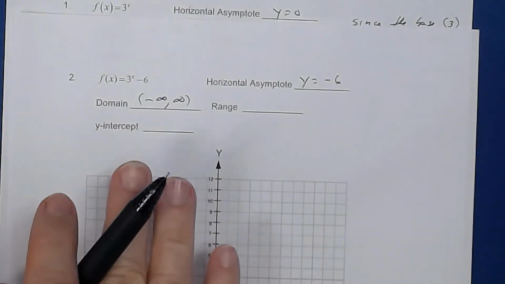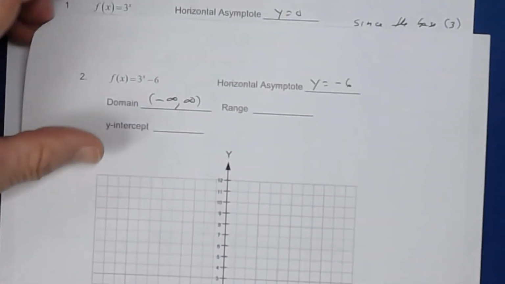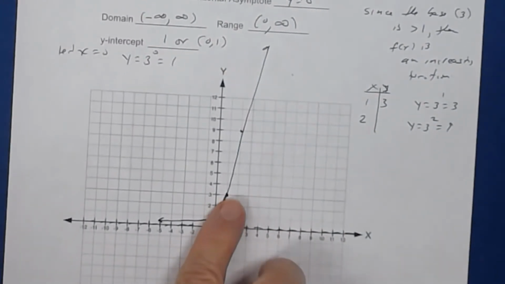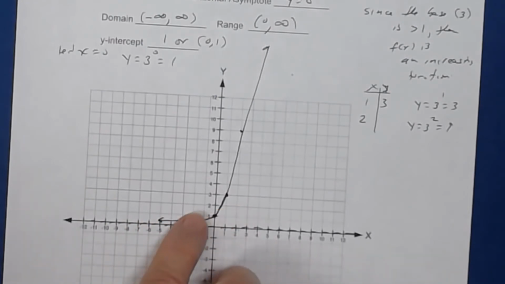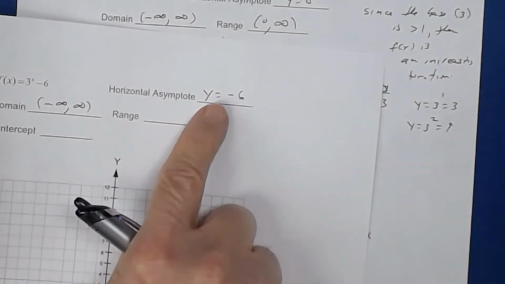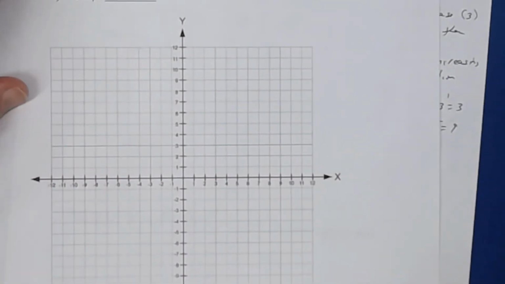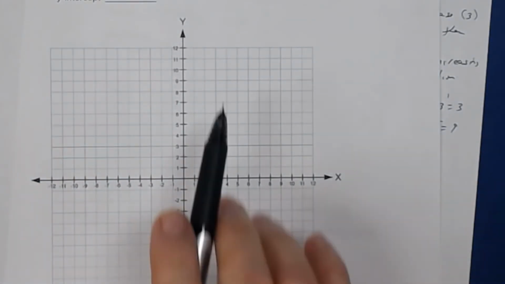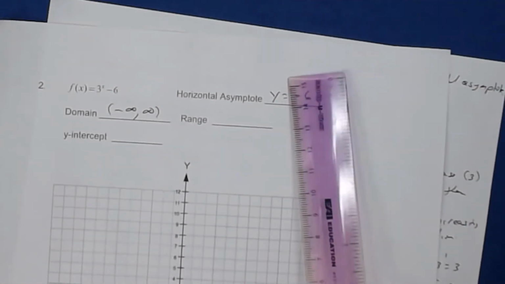Now that means that one part of the graph, the one that looks like it's flattening, but it really isn't, is going to get closer and closer to this horizontal asymptote. That's what that means. In fact, I can go ahead and draw the horizontal asymptote, y equals negative 6.